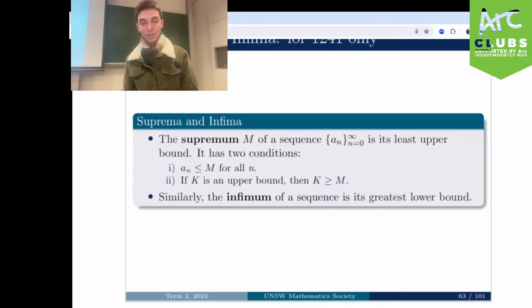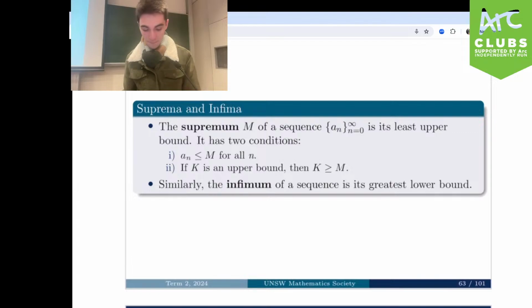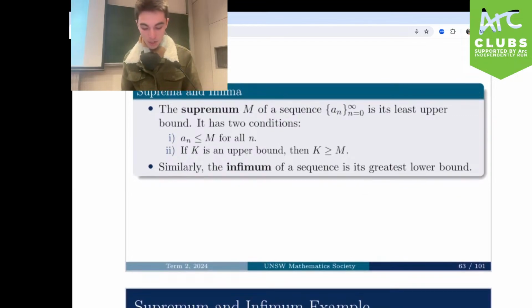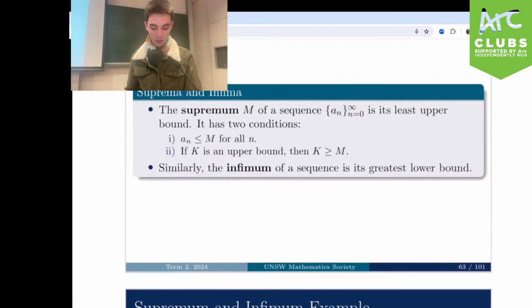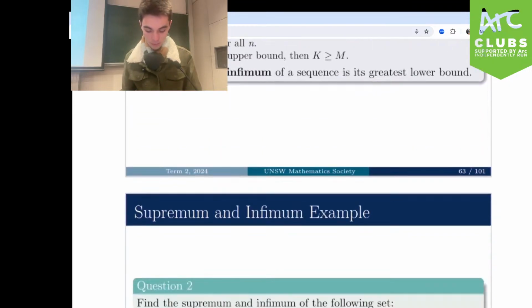And just something to note: if a sequence is bounded above, then it's always going to have a supremum, and if it's bounded below, then it's always going to have an infimum. This is actually a fundamental property of the real numbers, fun fact. But this is something you can use to find the limits of these sequences. It's always going to have a least upper bound or a greatest lower bound if they're bounded.